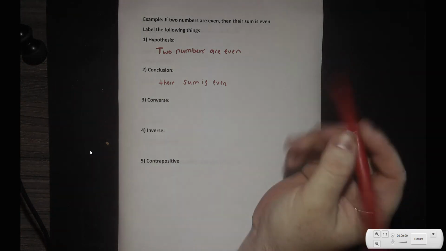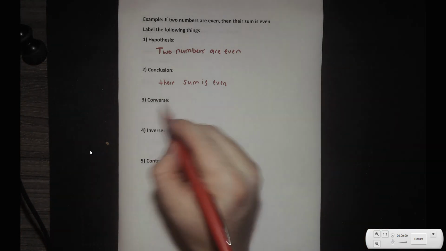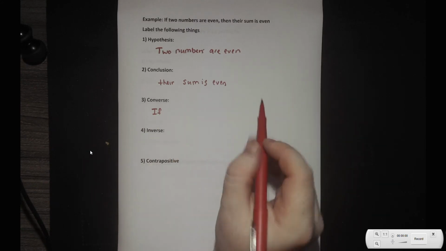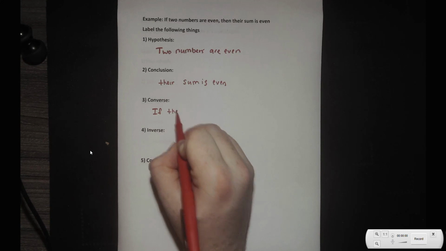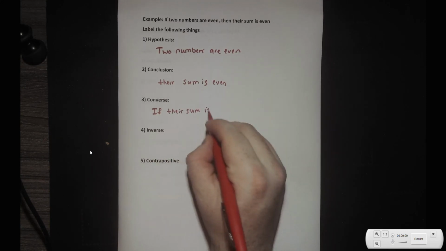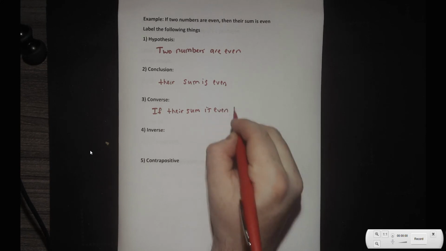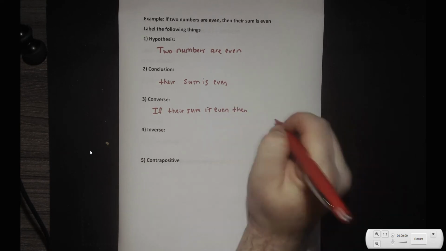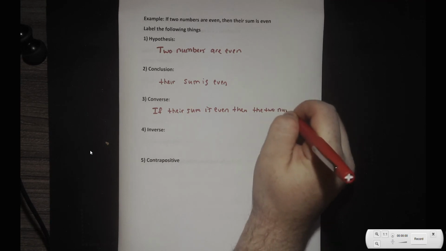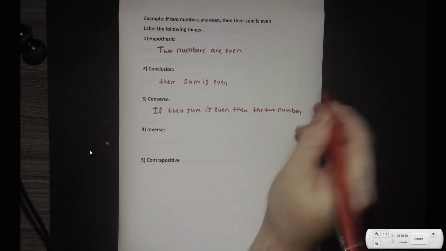The converse would then be if, because you always put if first, it doesn't change just because you're reversing it. If their sum is even, then the two numbers are even.